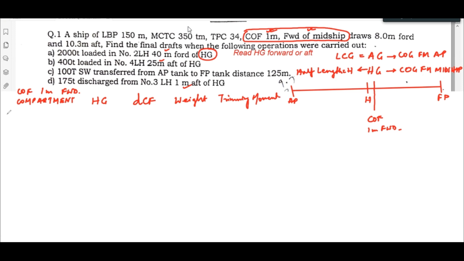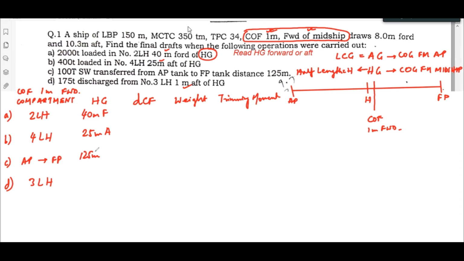So, A, B, C, D. Compartment 2 lower hold, 4 lower hold, aft peak to fore peak, and 3 lower hold. HG is given 40 meter forward, 25 meter aft, 125 meter.